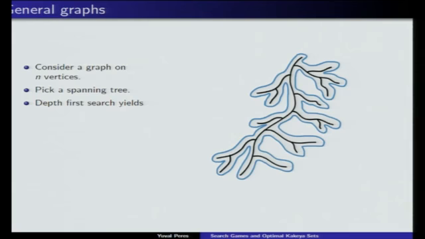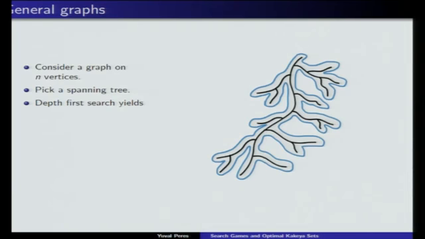what the hunter can do is just think of this traversal as a cycle.